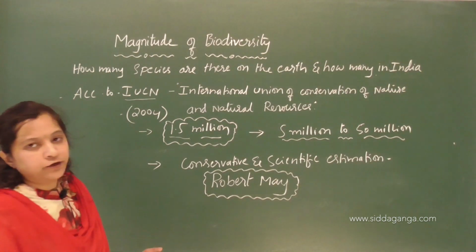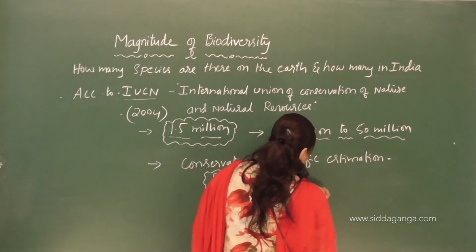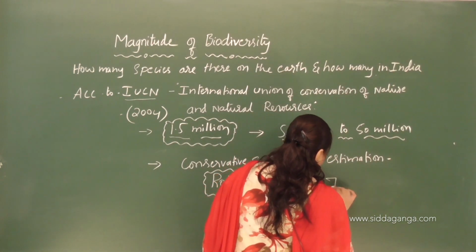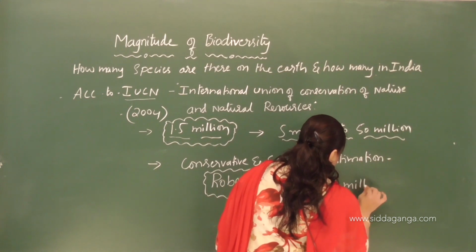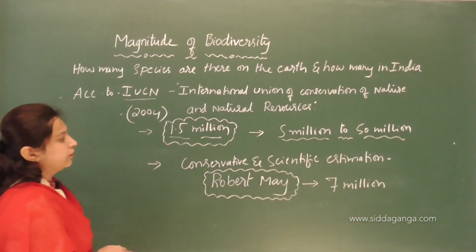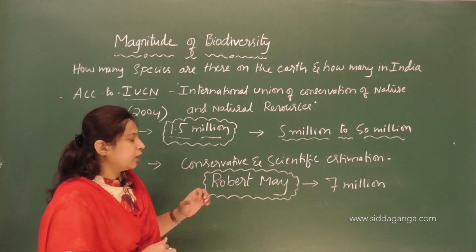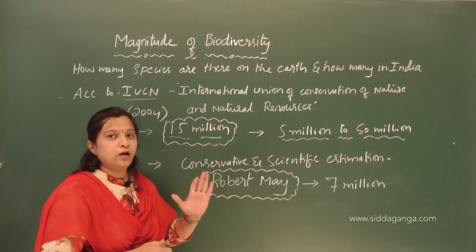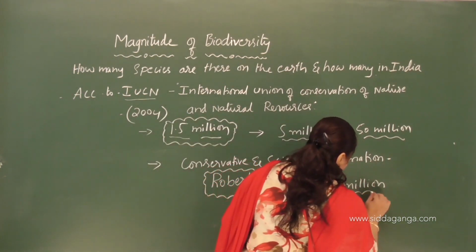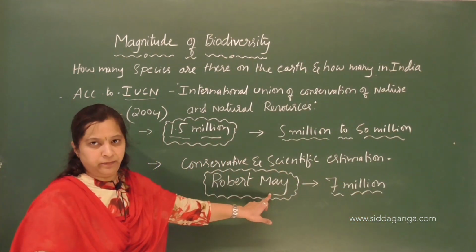According to him, by scientific estimation, the total number of species, the global diversity, is around 7 million. So this was the number given by Robert May.